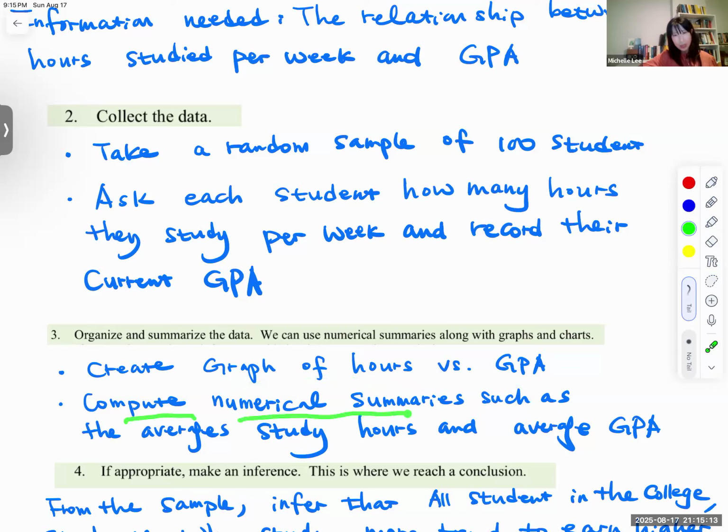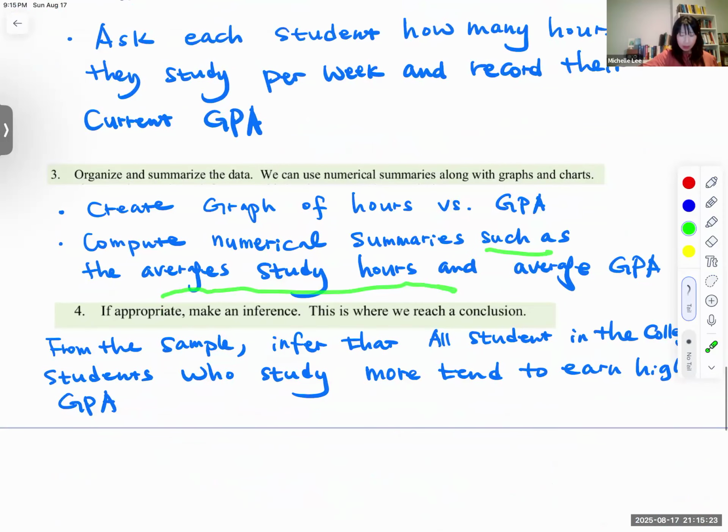Compute numerical summary, such as the average study hours and average GPA. Yeah. And number 4, if appropriate, make an inference. So that will be the conclusion. From the sample, infer that all students in the college who study more tend to earn higher GPA, right?